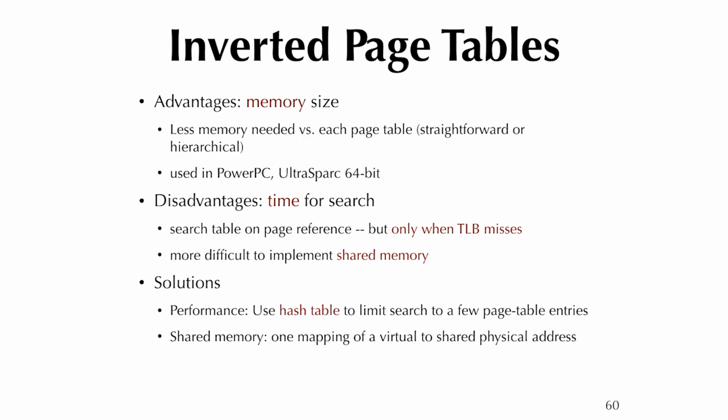So the advantage is the memory size, because how much physical memory you have limits your inverted page table. You have just one, and it needs a lot less memory, and it is in use in PowerPC, Spark, Ultra Spark.